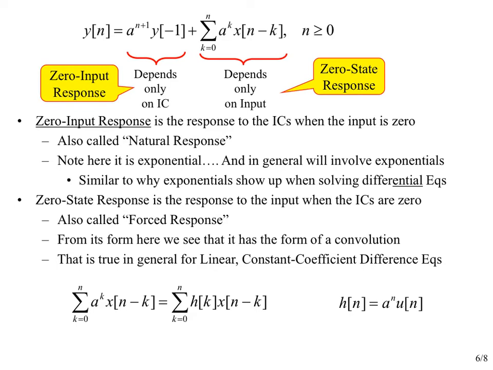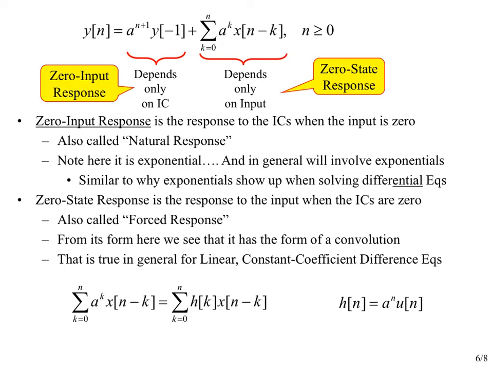I've just repeated what we had on the bottom there, and just adding a bunch of terminology here. So a lot of it is just saying the things that I just said. The 0 input response is what we get when the input is 0 and it's the response only to the initial conditions.